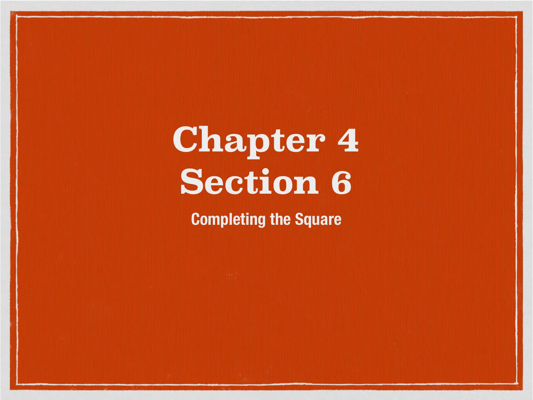So good morning, we're going over chapter 4, section 6, which is going to be completing the square. This is a slide I just added so we can go through the steps of how we complete the square. Now, you usually have seen quadratic equations in this form, which is ax squared plus bx plus c equals 0.